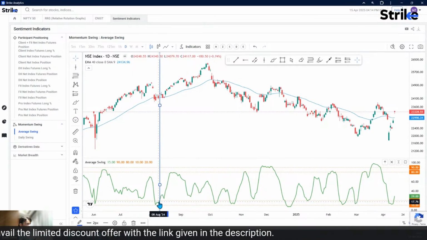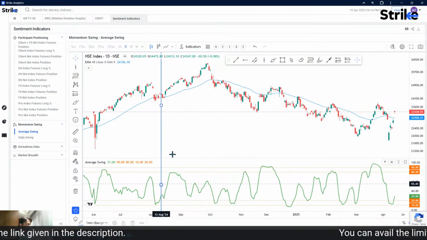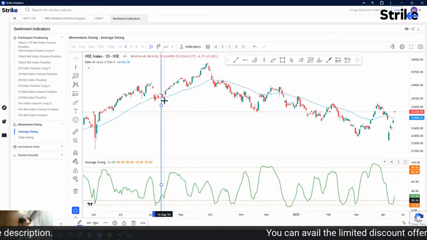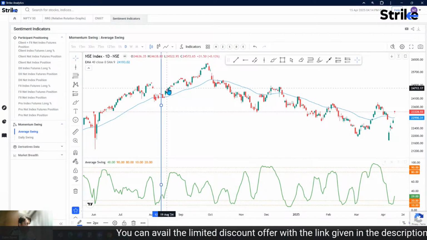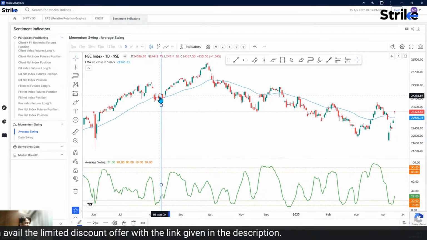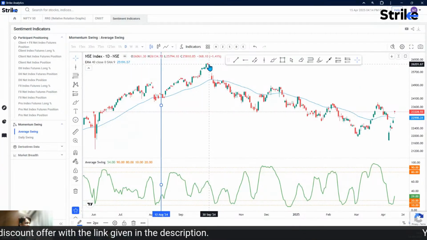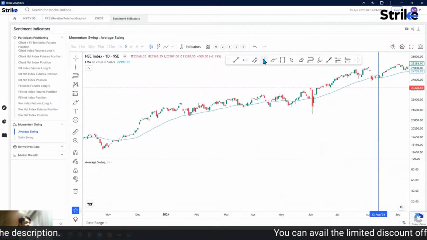This is where the average swing indicator left the oversold territory and bounced back, and prices were above the 40 EMA, and from there we got a nice rally. Similarly, let's go back.